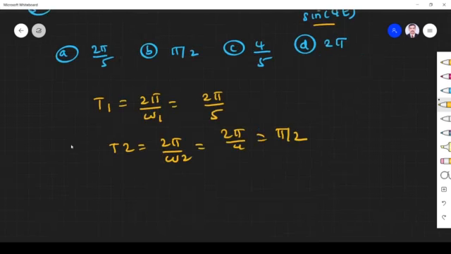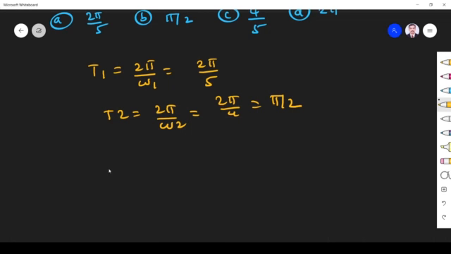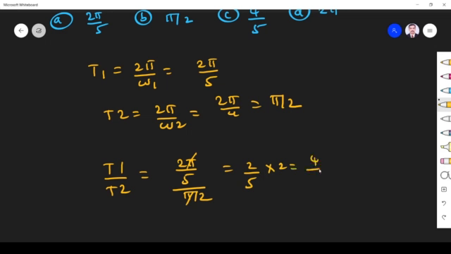If a combination of signals is given, T1 by T2 should be rational. T1 by T2 is 2 by 5 into 2, that is 4 by 5, a ratio of integers, so rational. So the given signal is periodic.